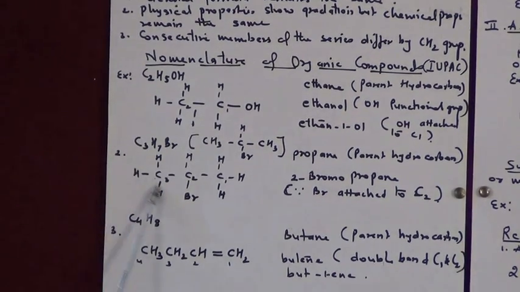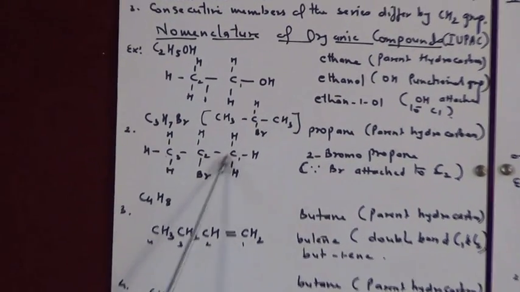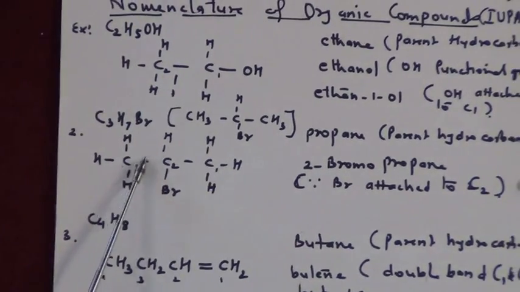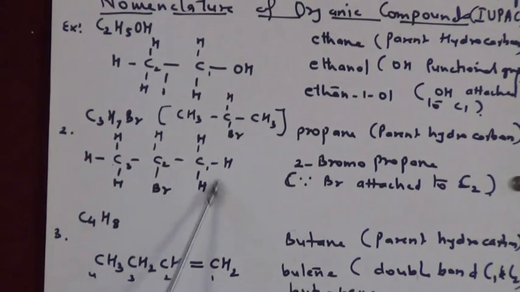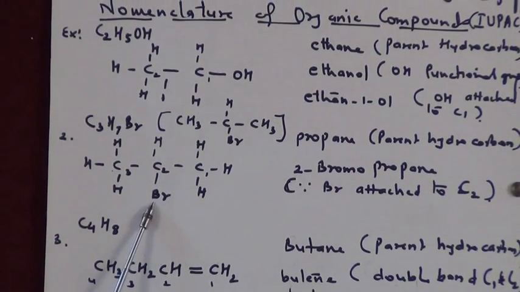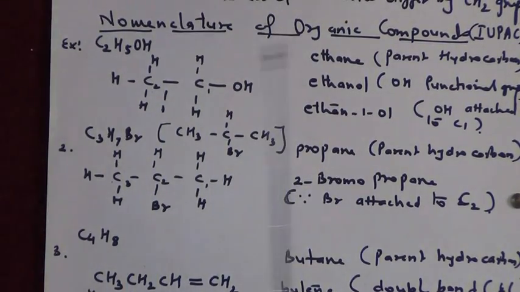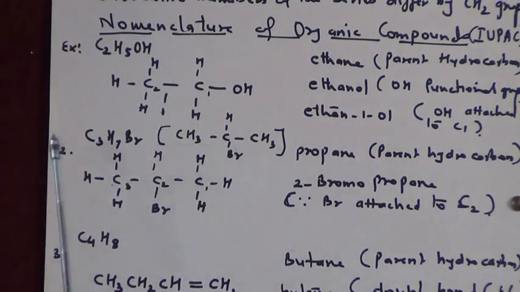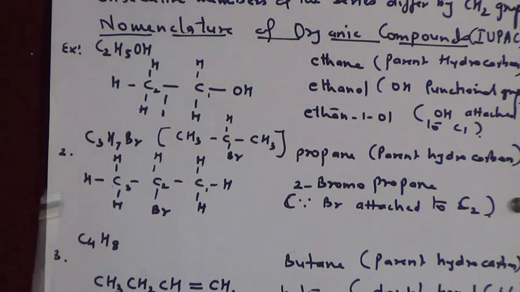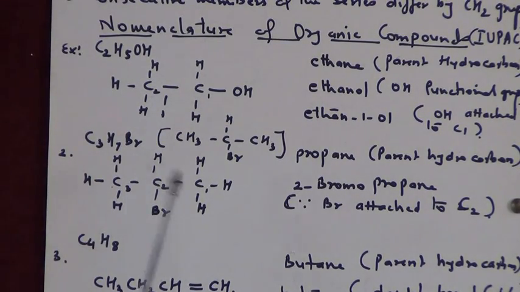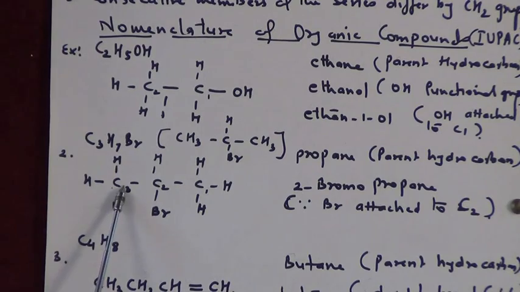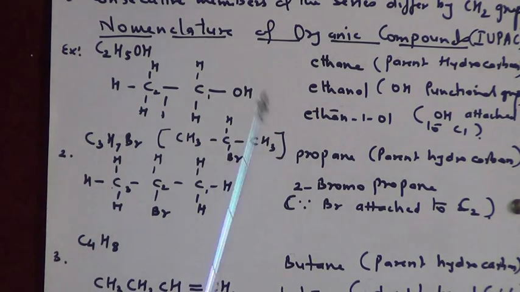Let us see now the second example. The structure is having 3 atoms of carbon, 7 atoms of hydrogen, and 1 atom of bromine here. Now identify the parent hydrocarbon by counting the number of carbon atoms: 1, 2 and 3, which means it belongs to propane in the series.